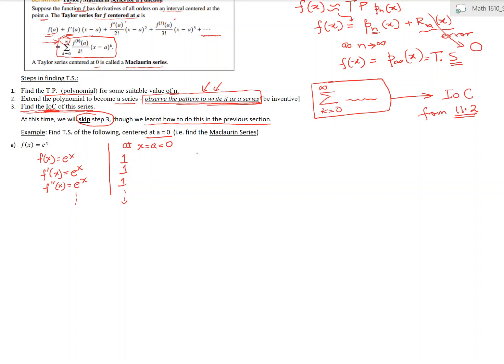So let's write the Taylor polynomial first. Suppose I'm going to write it till P3.